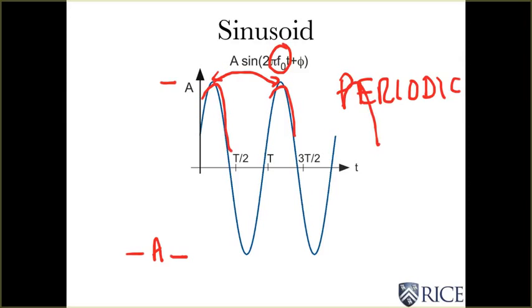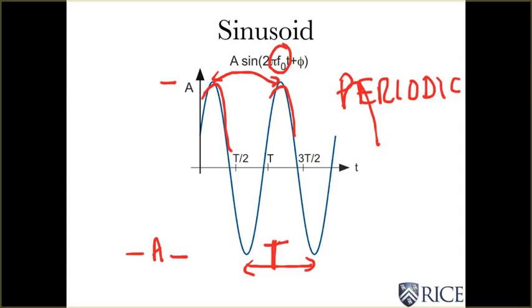The period we call capital T, and it's just a symbol that we'll use often for the period of a signal. How is it related to f naught?